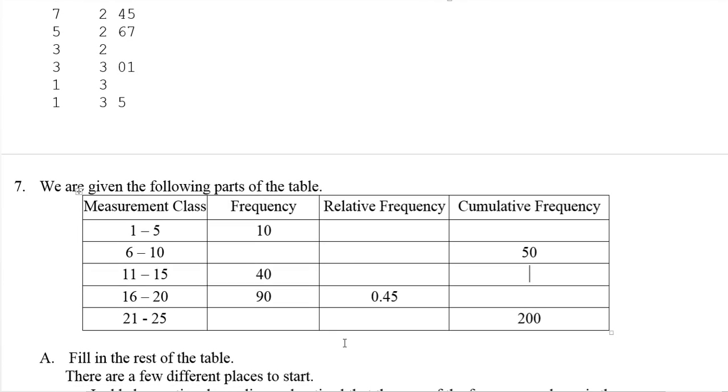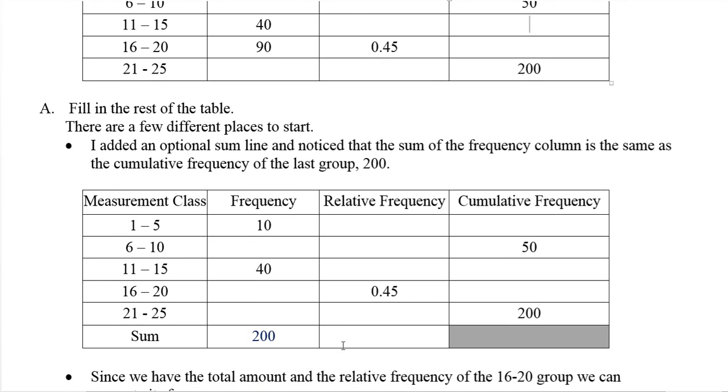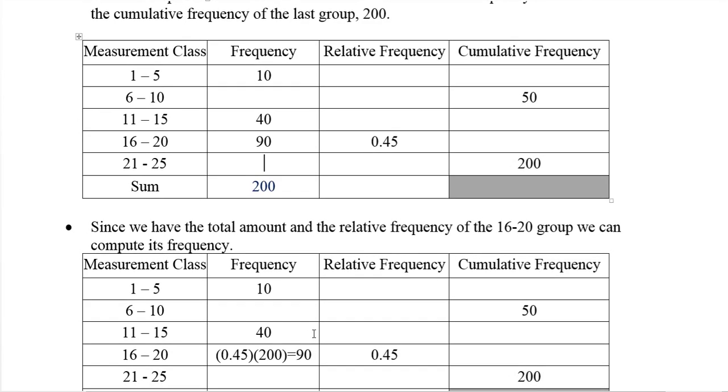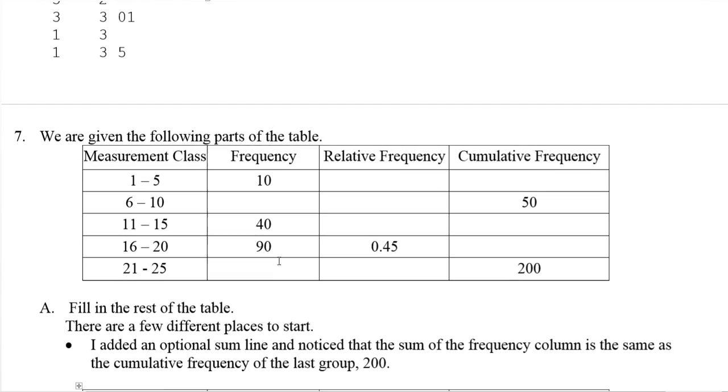All right, there might be more than one place to start. The first thing I notice is if we add a line for sum, the cumulative frequency for the last part is the sum here. And, oh yeah, this is supposed to already have a 90 here. Well, actually it didn't have to have 90 here.